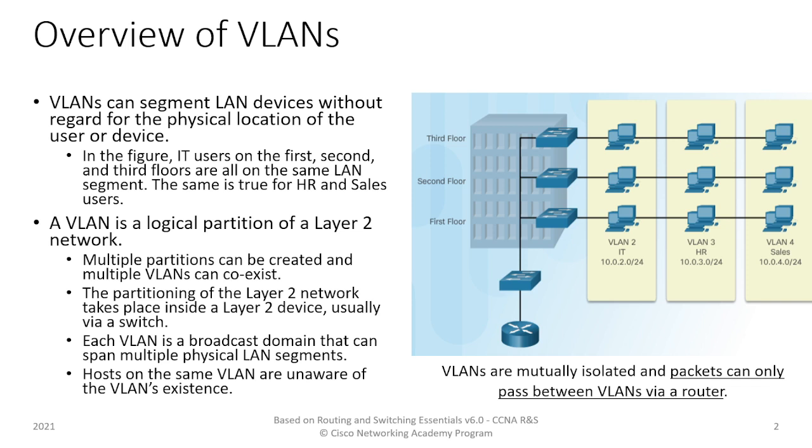So essentially what happens is, with VLAN, we create another concept of a local area network at a layer 2 network, and it would in many ways function as a separate network, as if we had constructed a physically separate local area network.